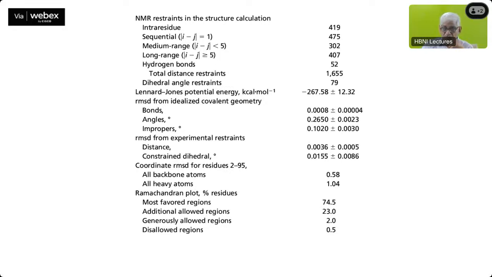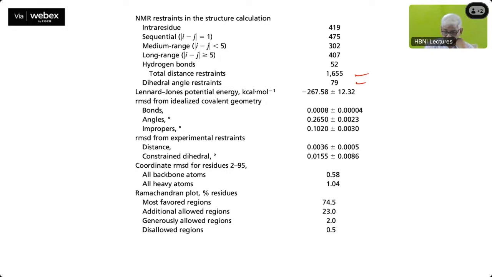So this is for a particular protein, where you have a total of 1,665 constraints. And then you have 79 dihedral angle constraints, which are obtained from the coupling constants. This gives you the phi torsion angle. And then, of course, we have these other kinds of energies, which are bonds and angles and impropers and all of that.